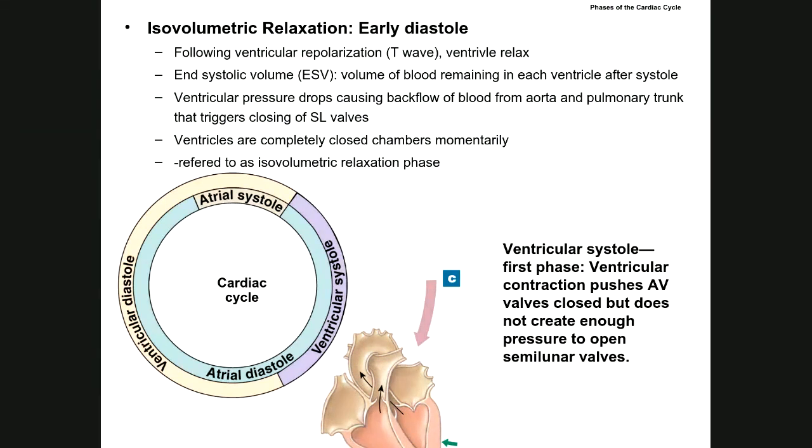The ventricular pressure drops, causing backflow of blood from the aorta and the pulmonary trunk, closing the semilunar valves. The ventricles are completely closed chambers, but only momentarily. This is referred to as the isovolumetric relaxation phase.